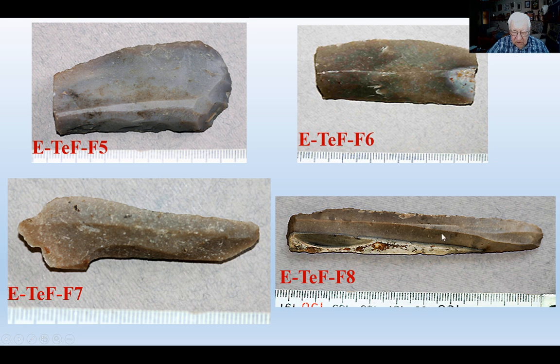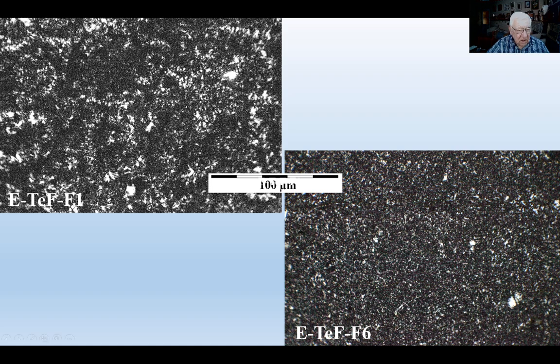So probably this implement was made not at Tel el Farkha, but was transported as an implement to the site, because some of these implements were made in situ, this means in the archaeological site.